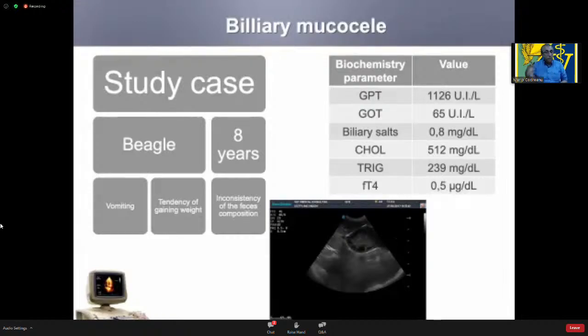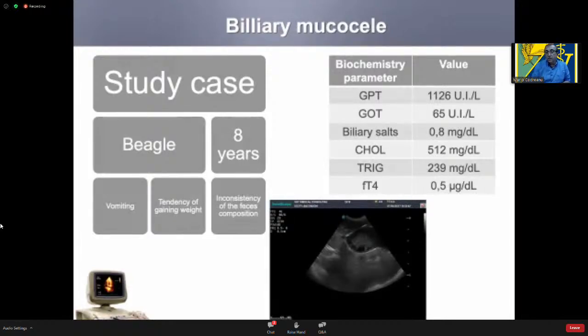In my own study case, in this patient, for example, a recent case, I registered an important elevation of the transaminase activity, a mild activity, and the presence of cholesterol and biliary salts, an increased value of cholesterol, more than the normal value of 220 milligrams per deciliter.